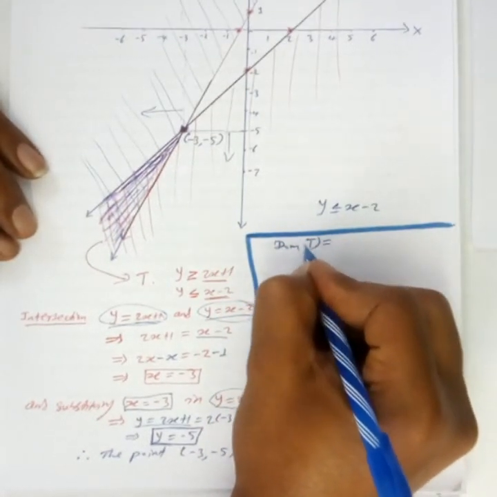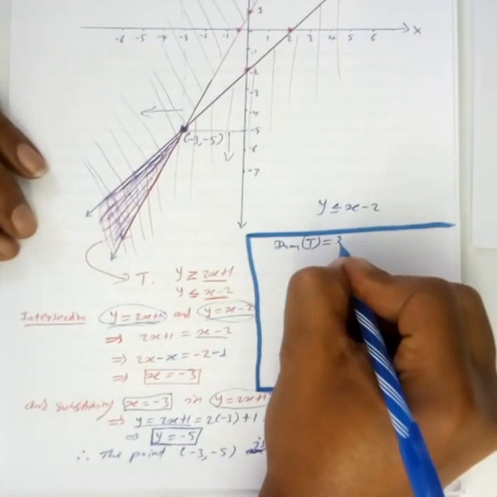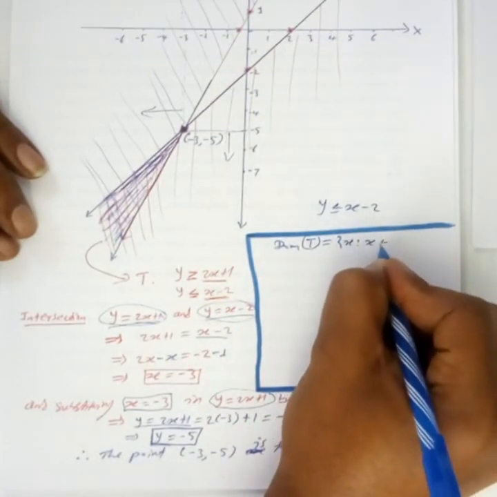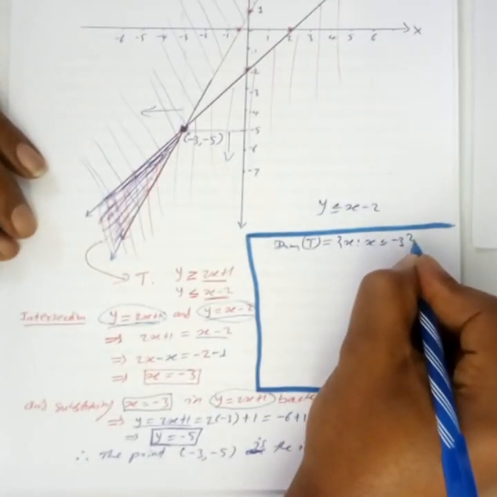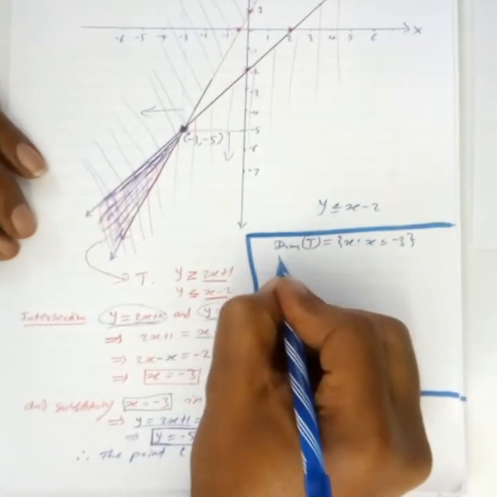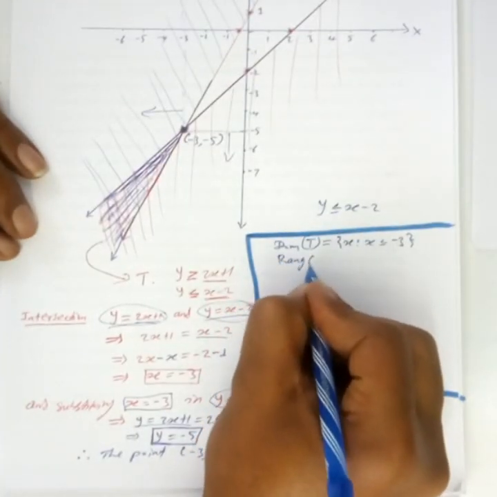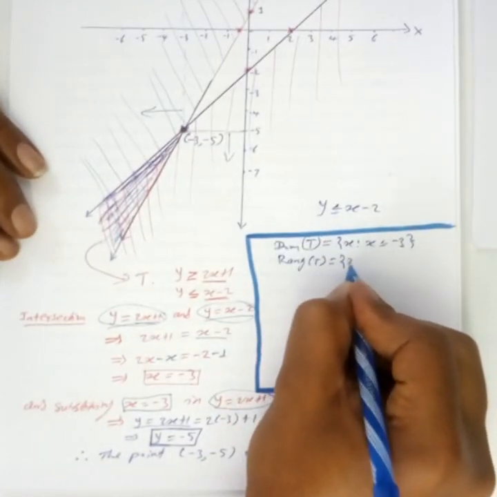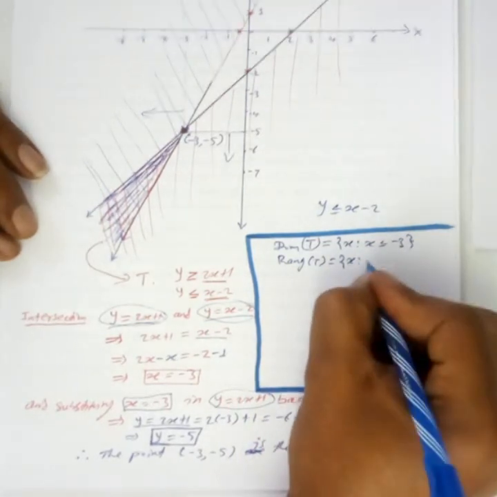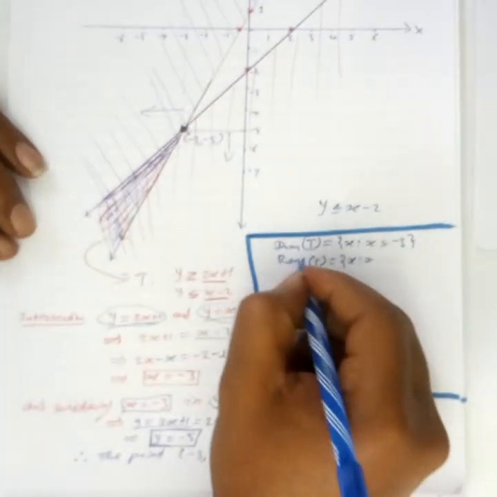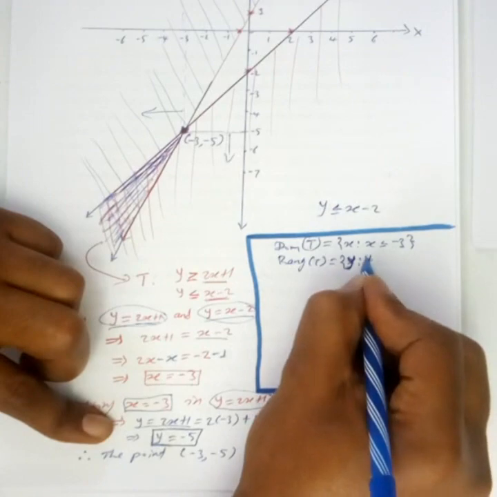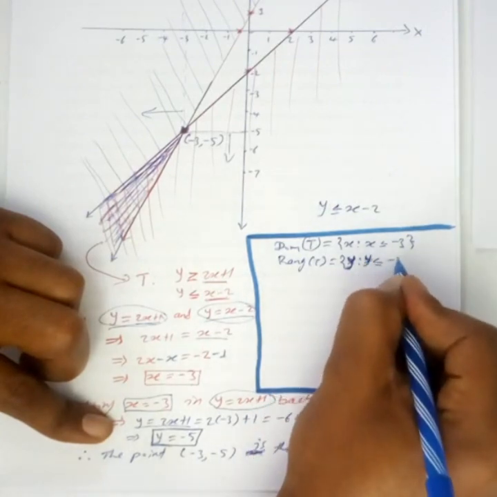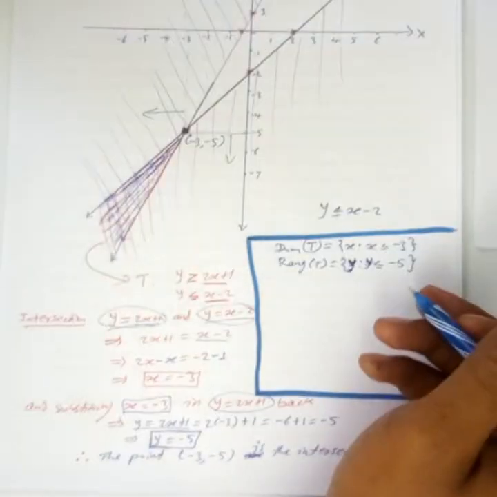Therefore, the domain of the relation T is x such that x is less or equals to negative 3, and the range of relation T is y such that y is less or equals to minus 5.